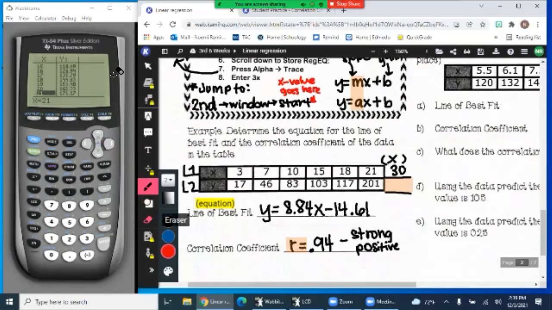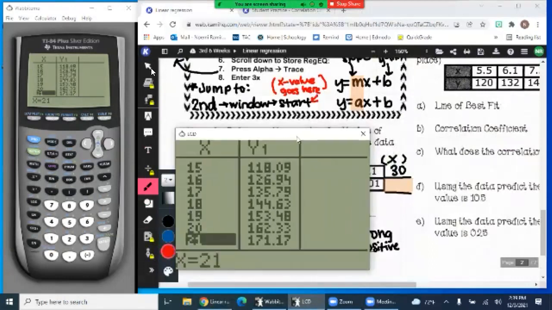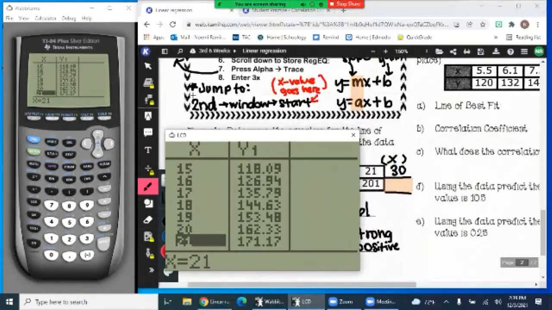Oh Lord, that's the worst arrow I've ever drawn in my life. There. Your x value goes here where it says start. Everybody got that note written down?